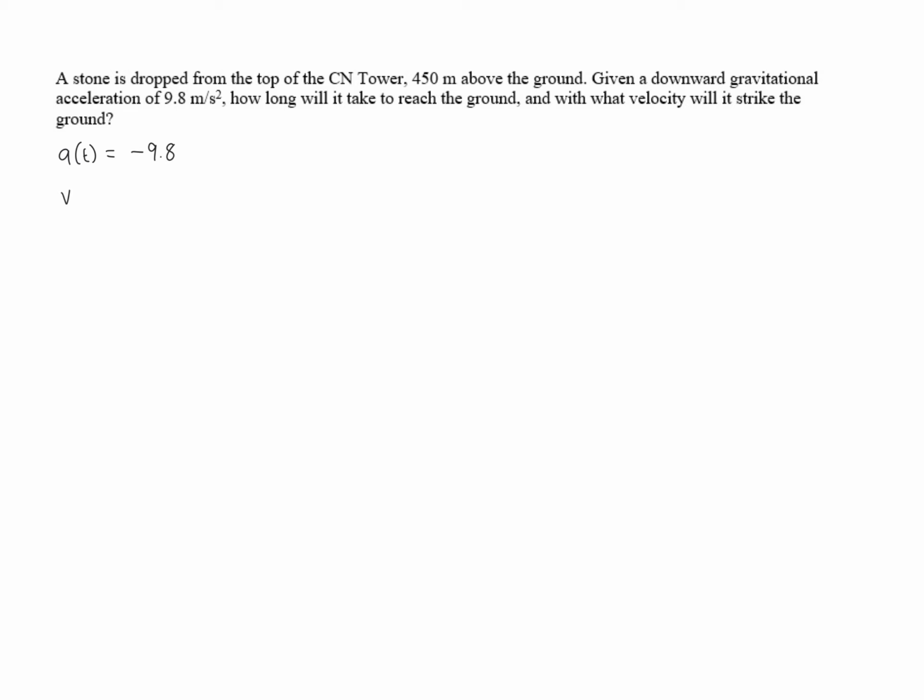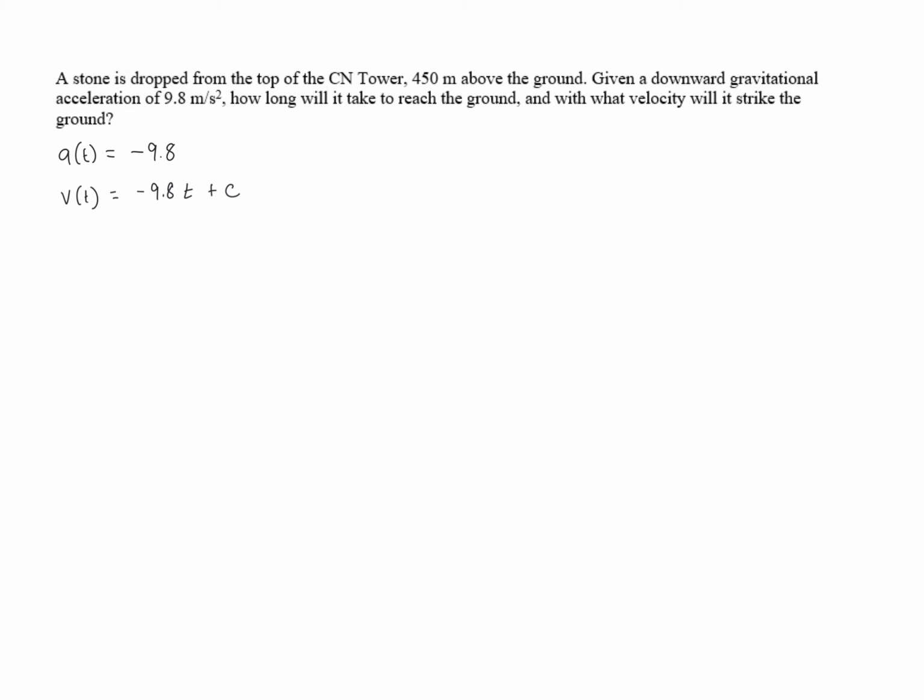We're given the acceleration, so we can take the antiderivative to find the velocity. The antiderivative of a constant is just that constant times our variable, negative 9.8 t, plus c. But we're also told that the stone is dropped.